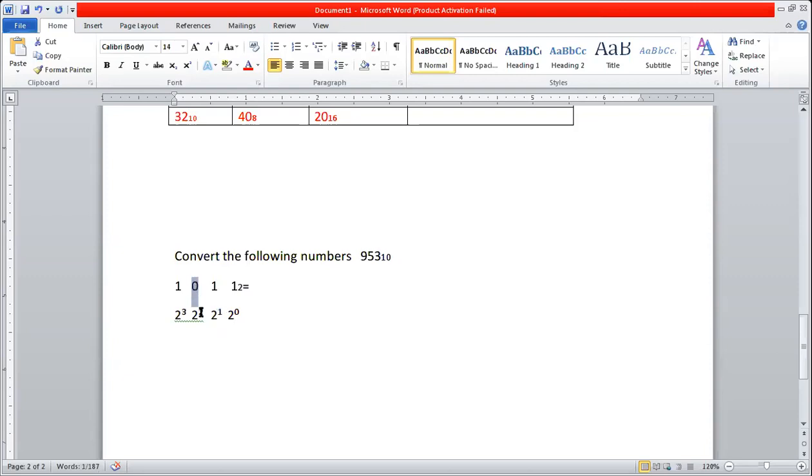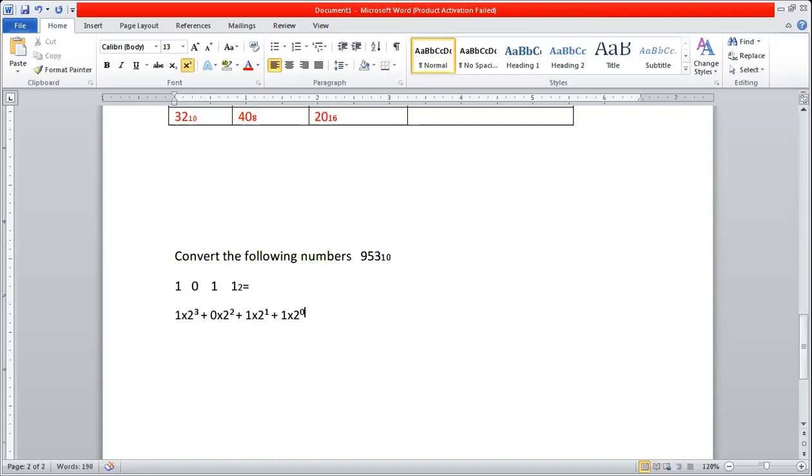Then this 0 is 2 raised to 2, and this 1 is 2 raised to 3. So how can we convert this? 1 into 2 raised to 3, plus 0 into 2 raised to 2, plus 1 into 2 raised to 1, plus 1 into 2 raised to 0.